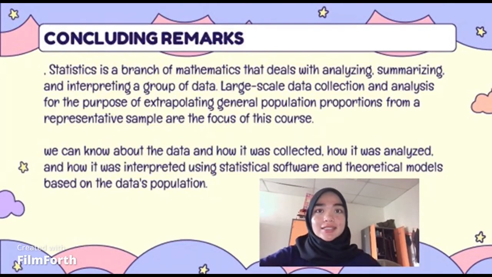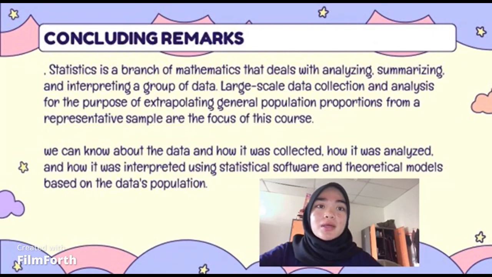Descriptive statistics and inferential statistics are the most common types of statistical analysis. The organization, summarization, and presentation of data are all part of descriptive statistics. Tables and graphs are used to display the information. Simple terms are used to describe the data's characteristics.